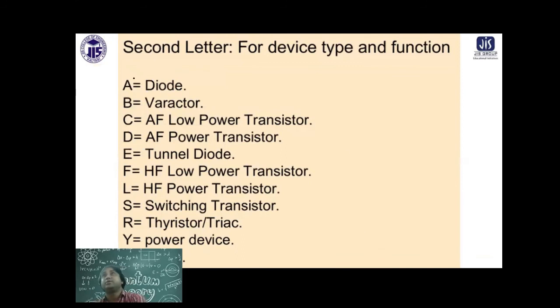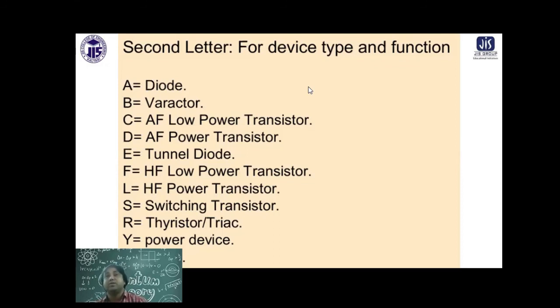Okay, some more points are there related to diodes, device type and function. A for diode, B for varactor diode, C for audio frequency low power transistor, D for audio frequency power transistor, sorry, L for radio frequency power transistor, E for tunnel diode, F for high frequency low power transistor, L for high frequency power transistor, S for switching transistor.